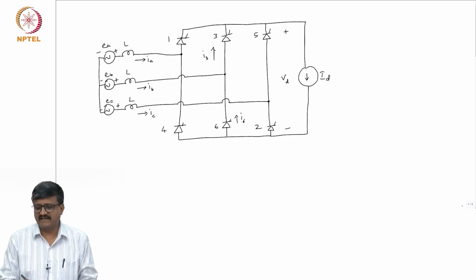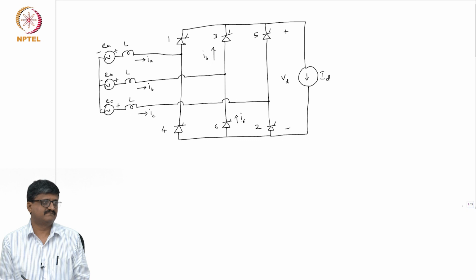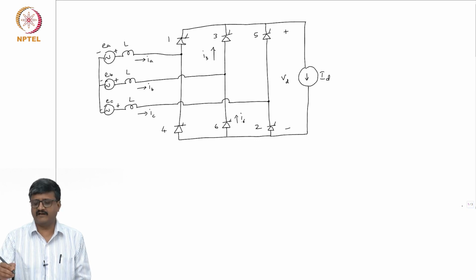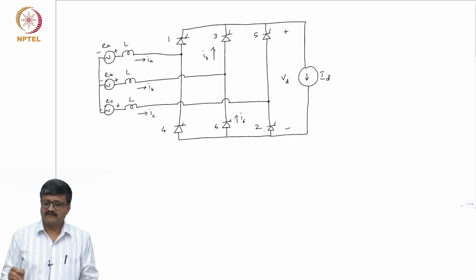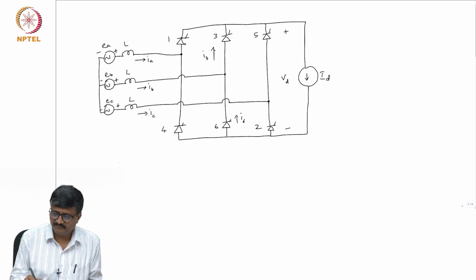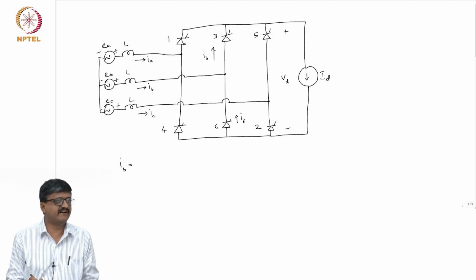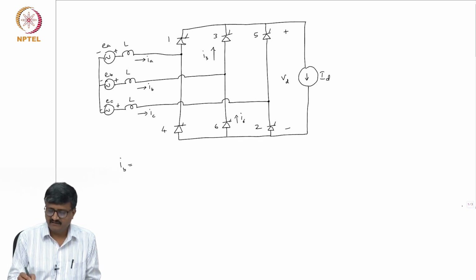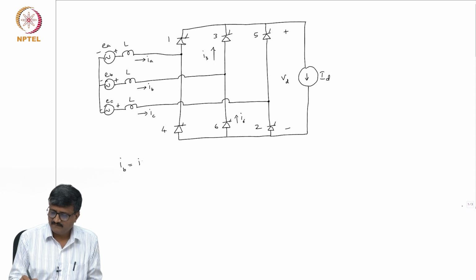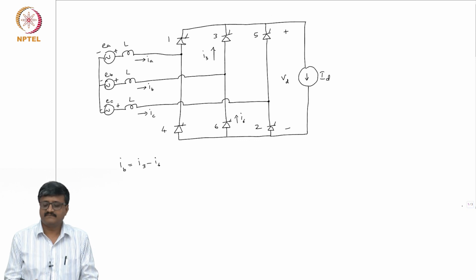One can say that it is I3 minus I6, say by Kirchhoff's current law. The current through valve 3 is I3, the current through valve 6 is I6. I am not worried about IA or IC right now. If I just look at IB, it is I3 minus I6.